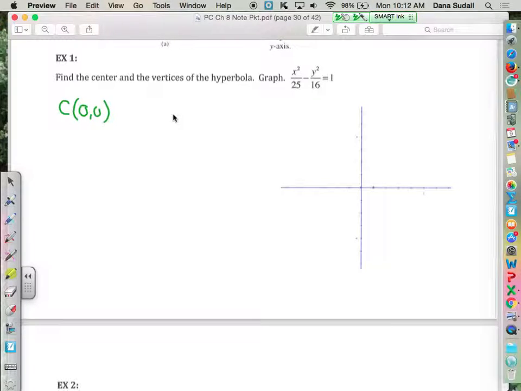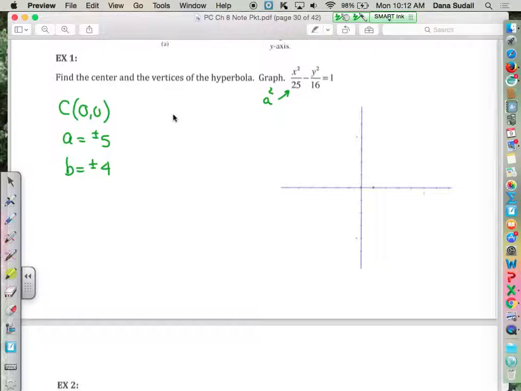And the other thing is, A is always the first value. It's always under whatever fraction is first, the positive one. So my A value would be plus or minus 5. And I do need the B value. B can be larger or smaller, it just depends on the number they give you. It's going to be 4.